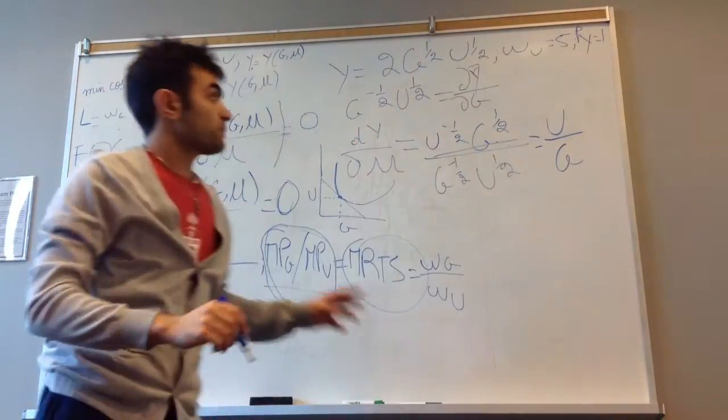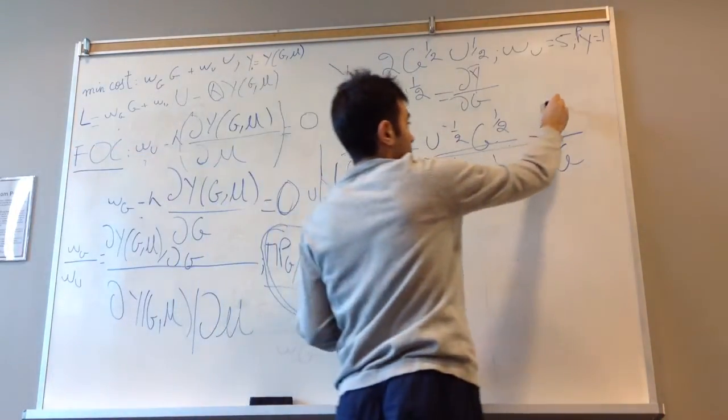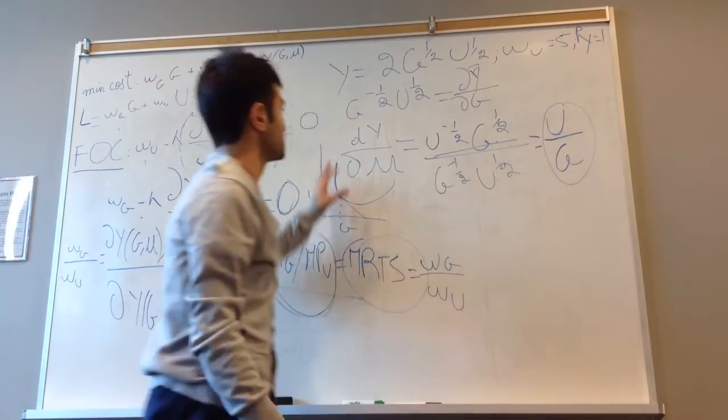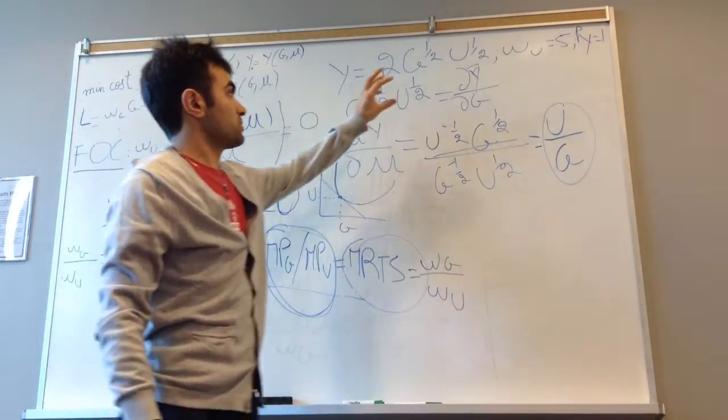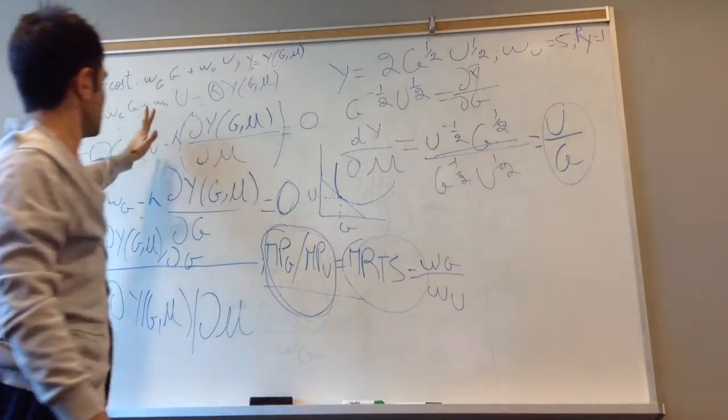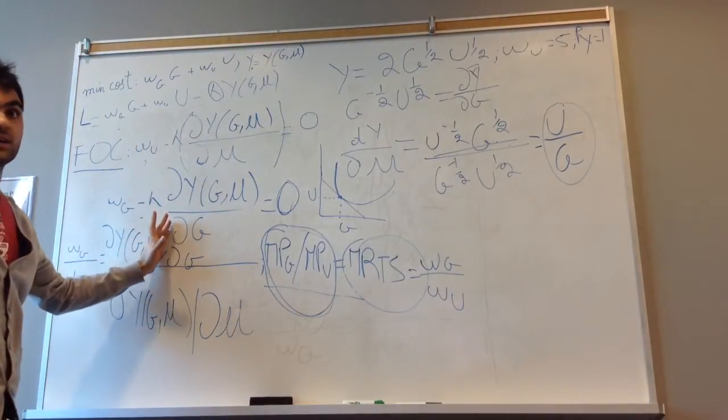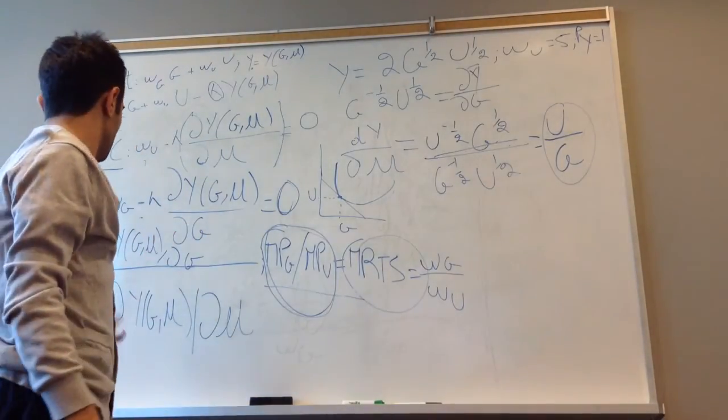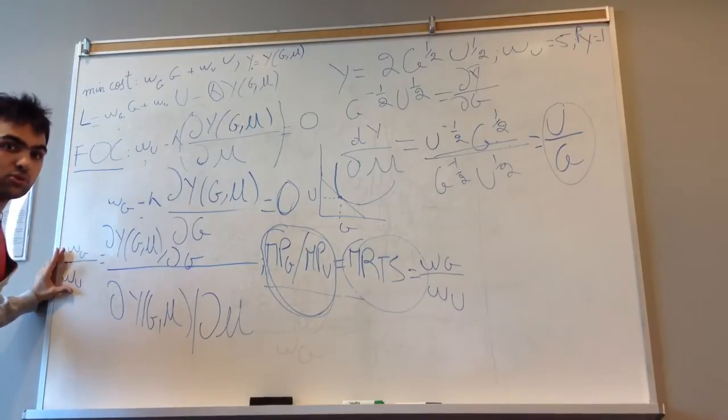So now we found this condition, which is U over G, which is dyu over dyg, right here, and we need to equate that to WG over WU.